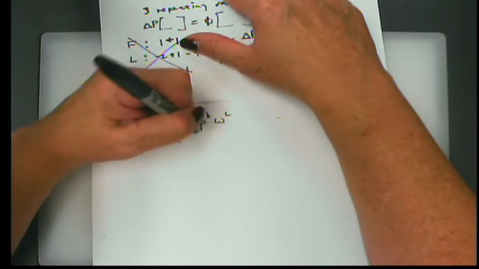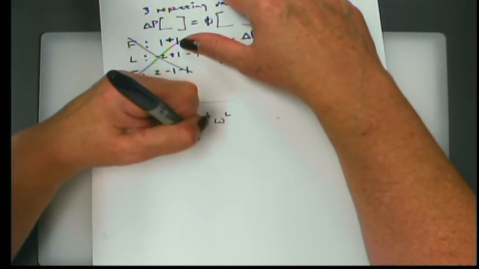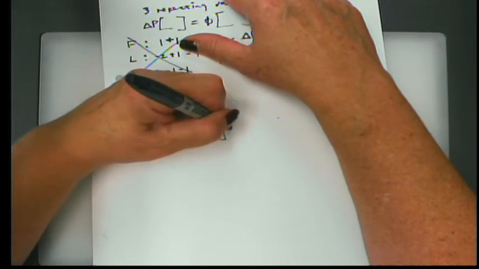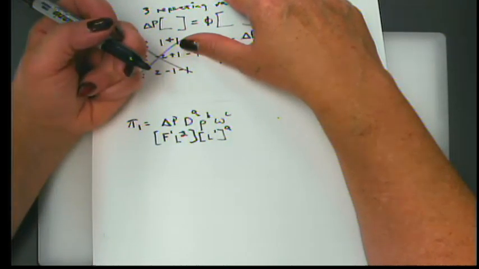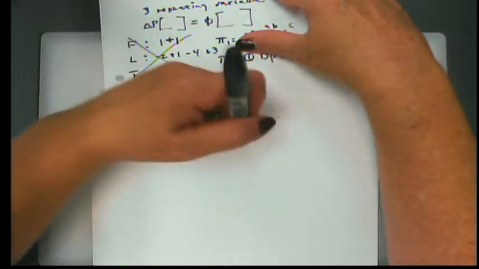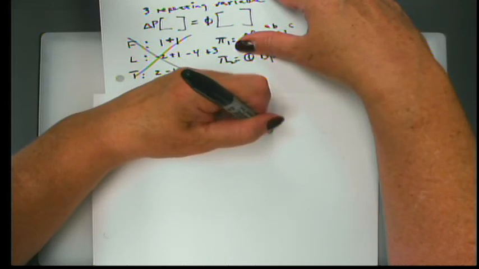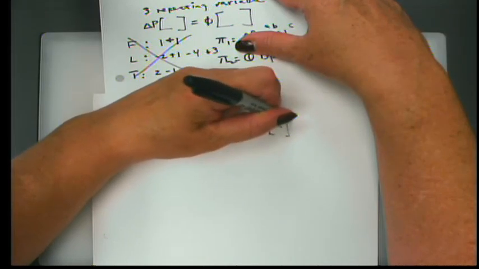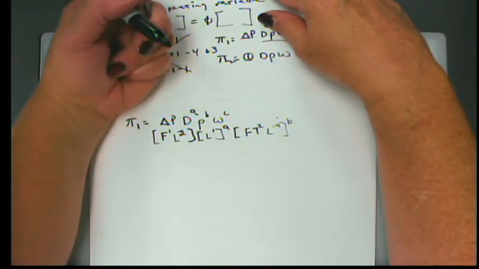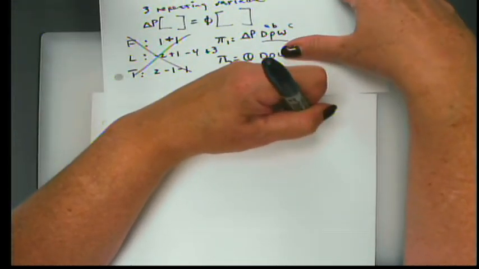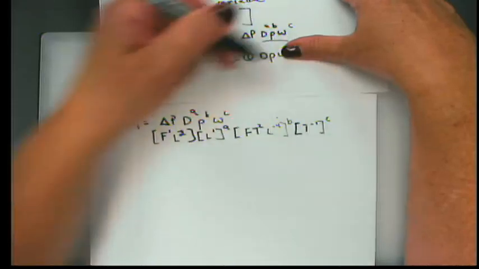But D is L to the 1 power, and we need to raise that entire thing to the A power. Then we have rho, which is force time squared length to the -4 raised to some other power, B. And last but not least, omega, which is T to the -1 raised to the C.